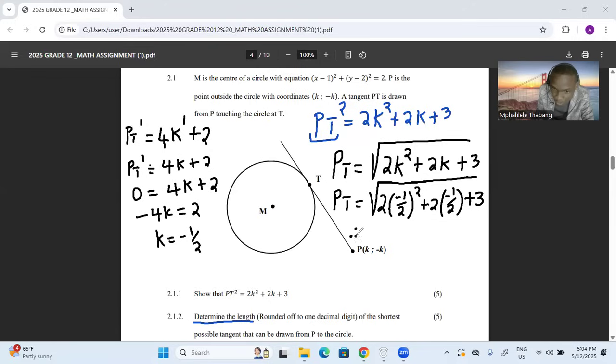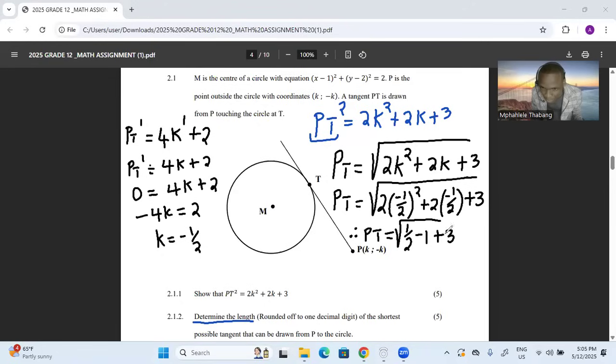Therefore, PT equals, I'm lazy, just press your calculator. For me, I know negative 1/2 squared is 1/4. 1/4 times 2 is a half. So I have the square root of a half, negative 1 plus 3.